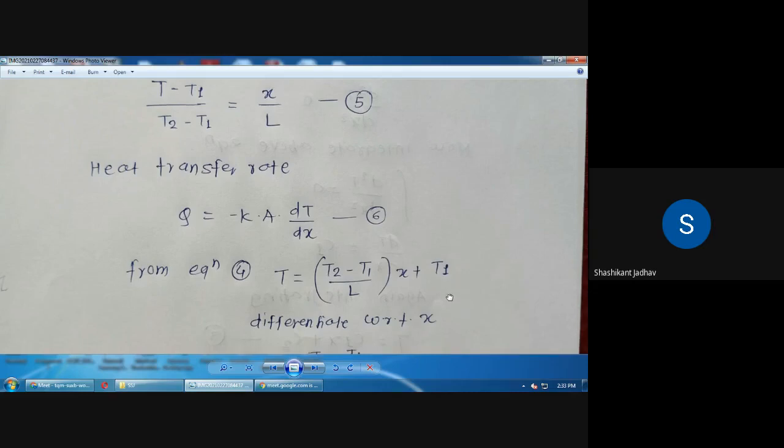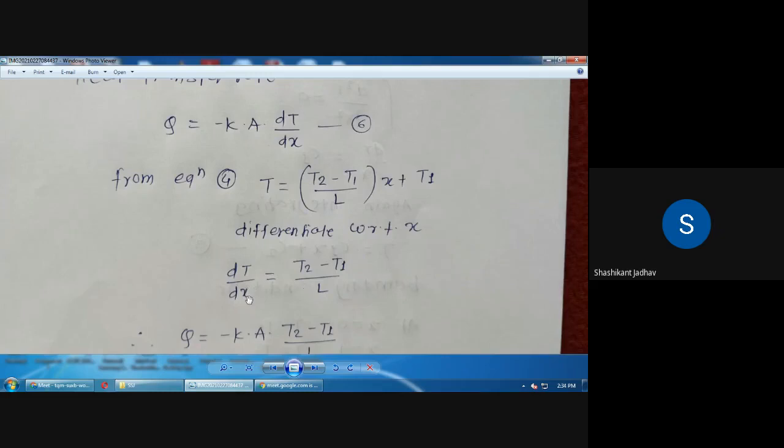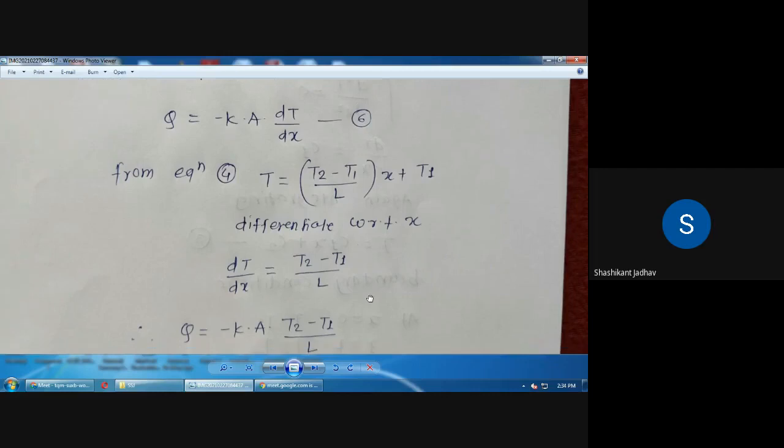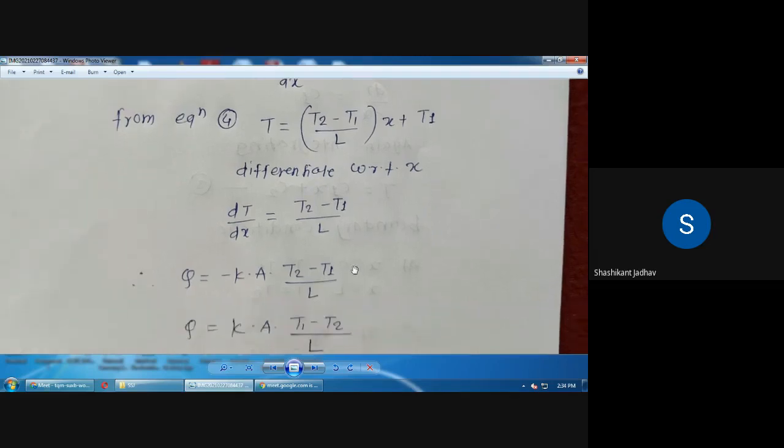From equation number 4, we differentiate, and from differentiation we get dT by dx. What is the value of dT by dx? T2 minus T1 divided by L. Put that value into equation number 6. So Q is equal to minus K A into this term, (T2 minus T1) divided by L. Interchange the terms, take T1 minus T2, and because of that the negative sign will be cancelled.